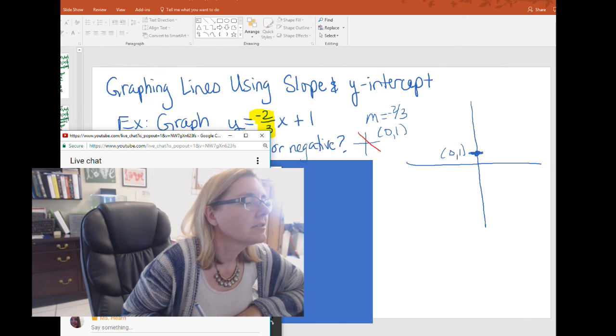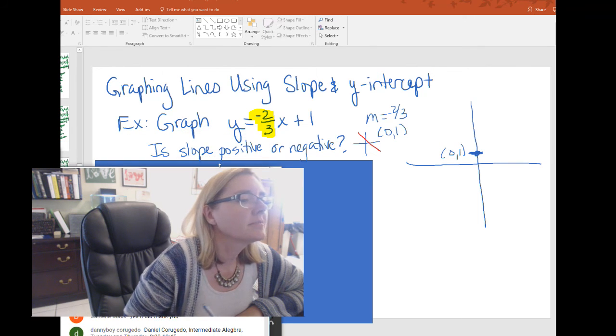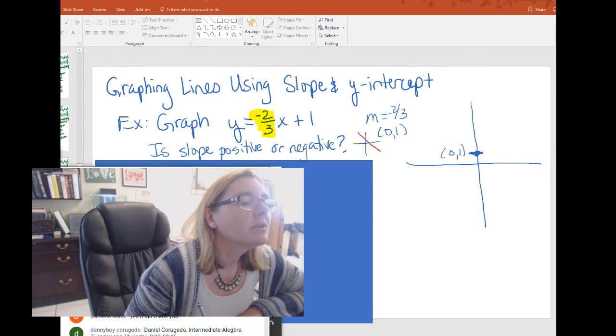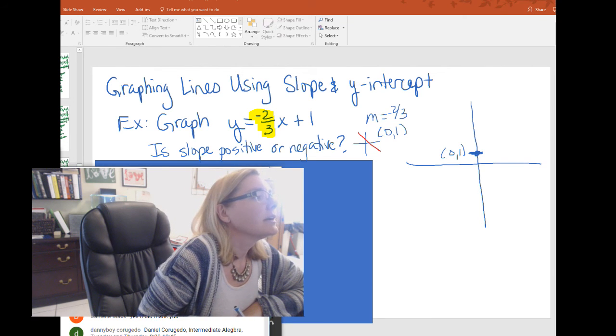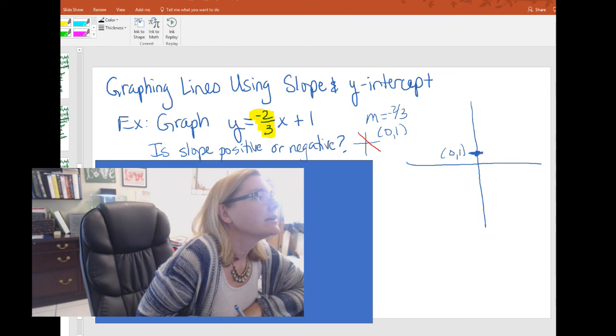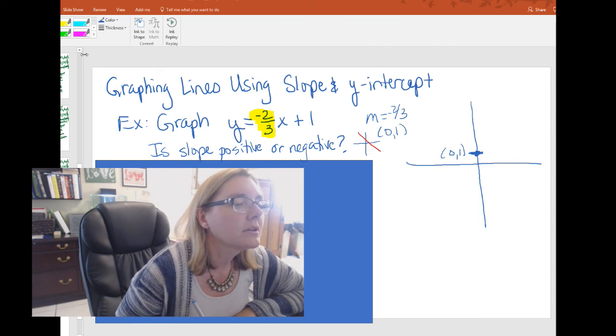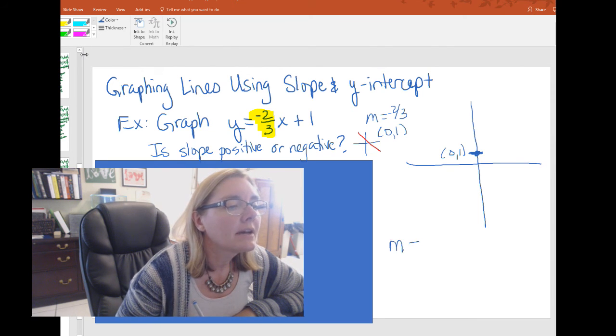Okay, so we're going to continue where we left off. We know we're going to have a negative slope, a falling line from left to right, and now let's figure out exactly what the next pair of coordinates would be by writing down our slope in two different ways.